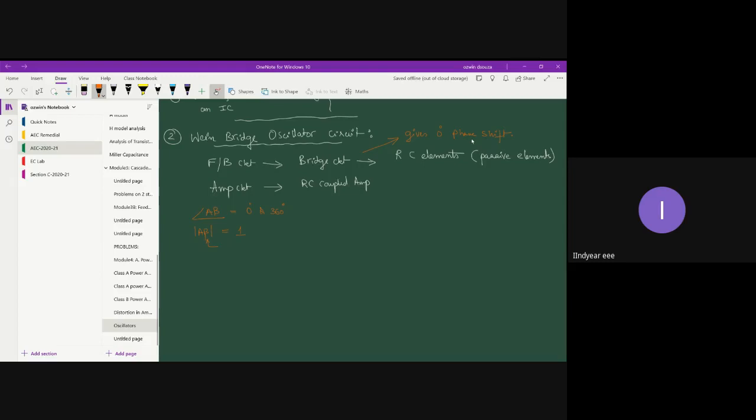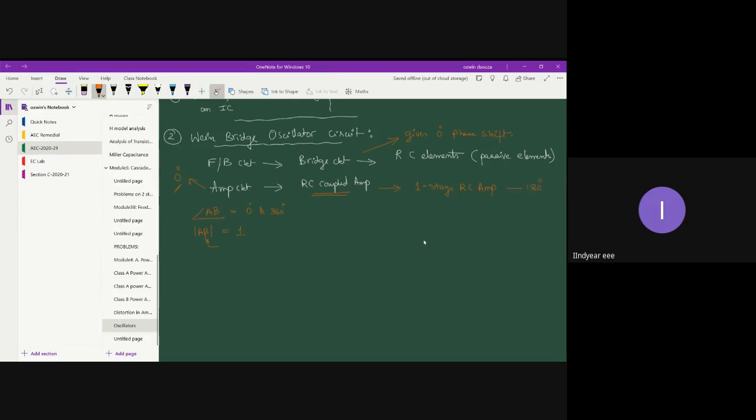So if the feedback circuit gives 0° phase shift, that means this amplifier circuit should also give 0° phase shift. Now the question is, when an RC coupled amplifier is operated in common emitter mode, a single stage RC amp gives how many degrees of phase shift? 180° of phase shift.